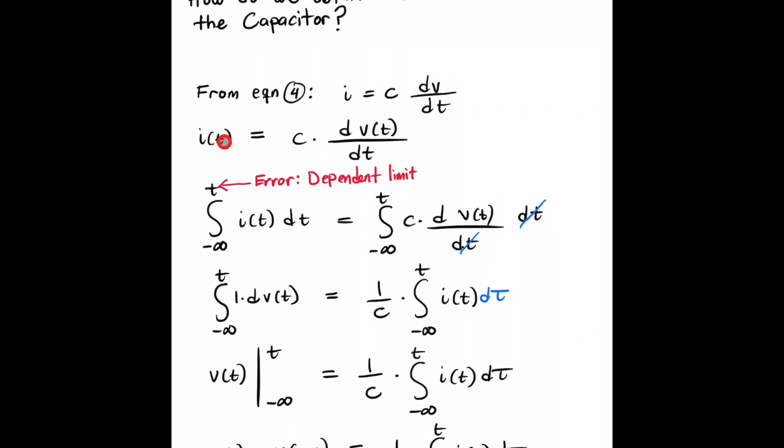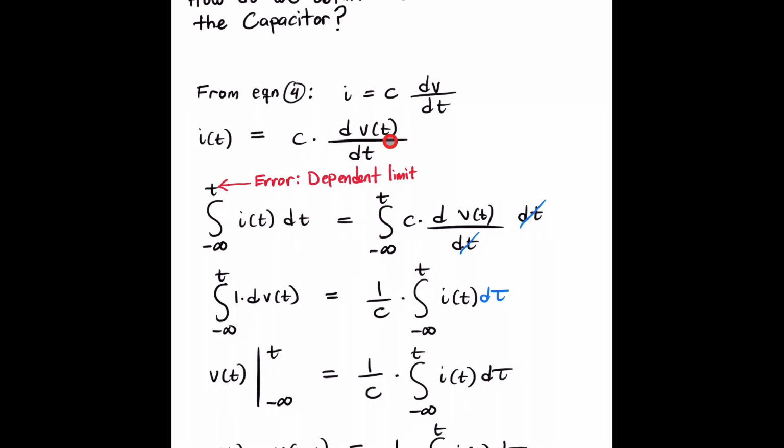I just wanted to point out that this current is a function of time, and this voltage is a function of time. This is still equation 4. So this is i of t equals C times dv/dt. It's the same equation that I've written down here.